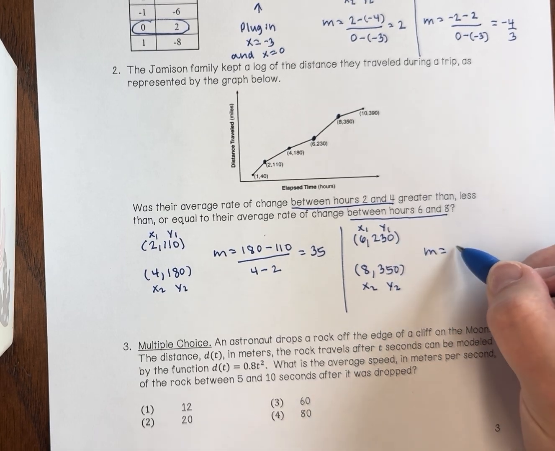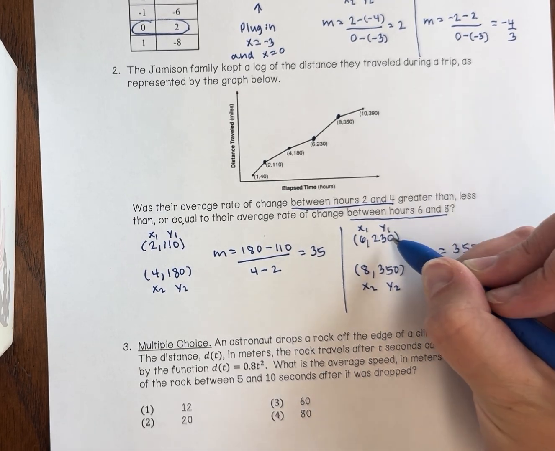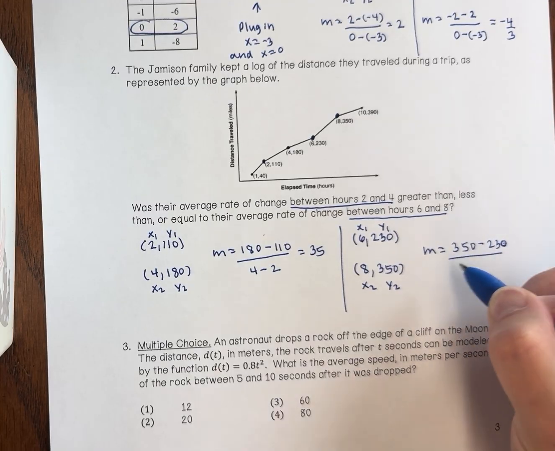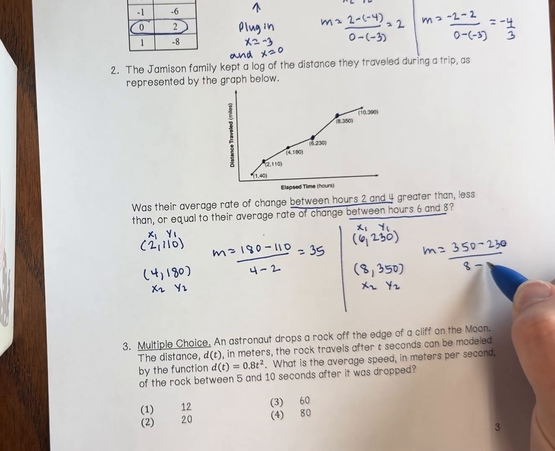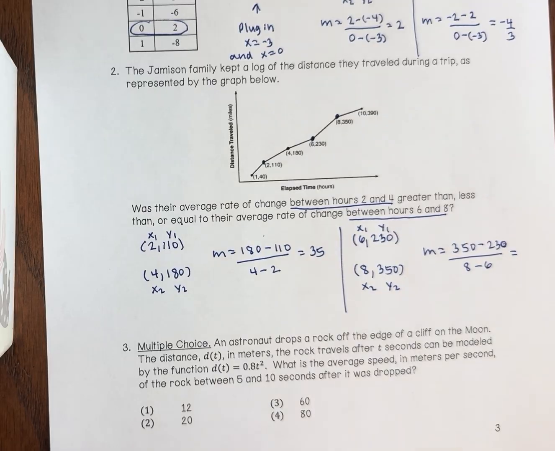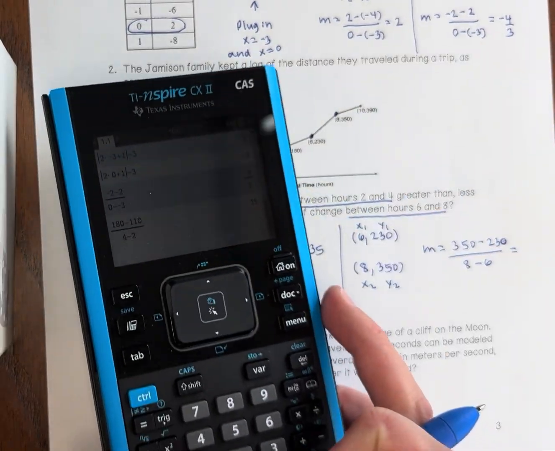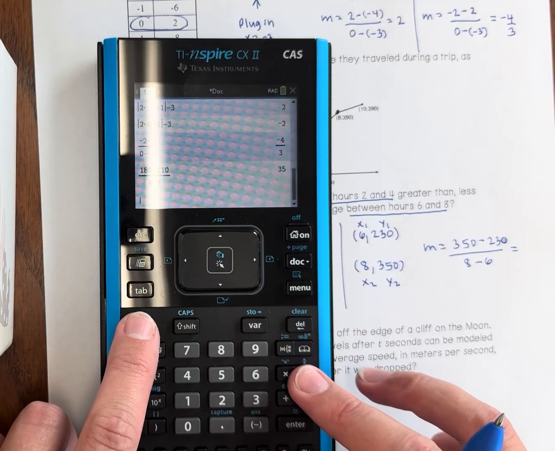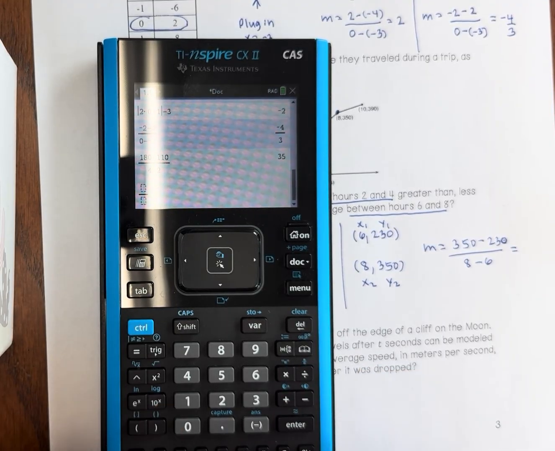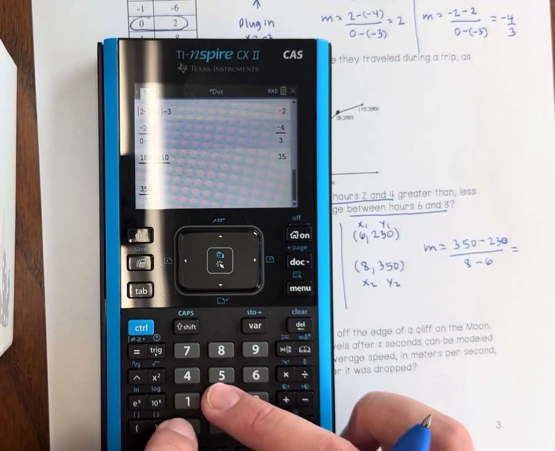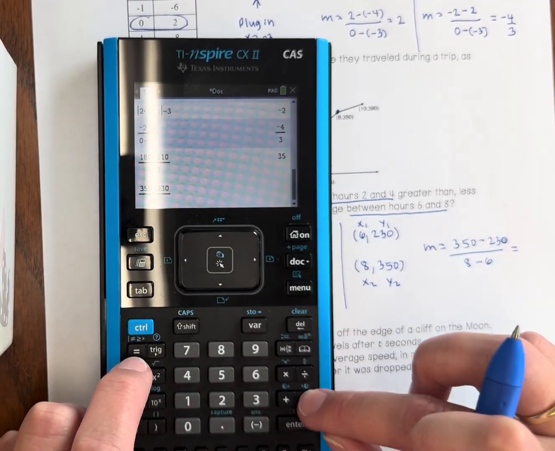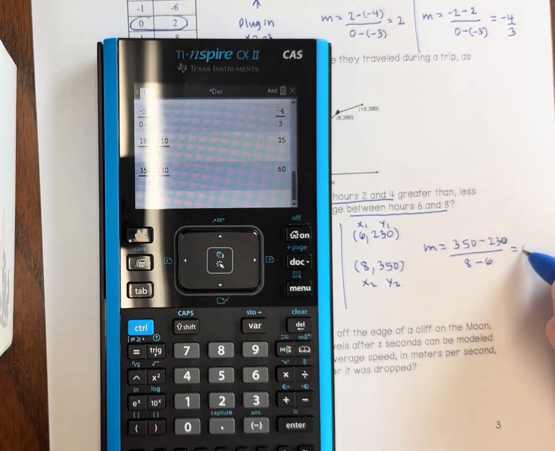So we're going to do y2, which is 350, minus y1, which is 230, over x2, which is 8, minus x1, which is 6. So 350 minus 230 over 8 minus 6, 60.